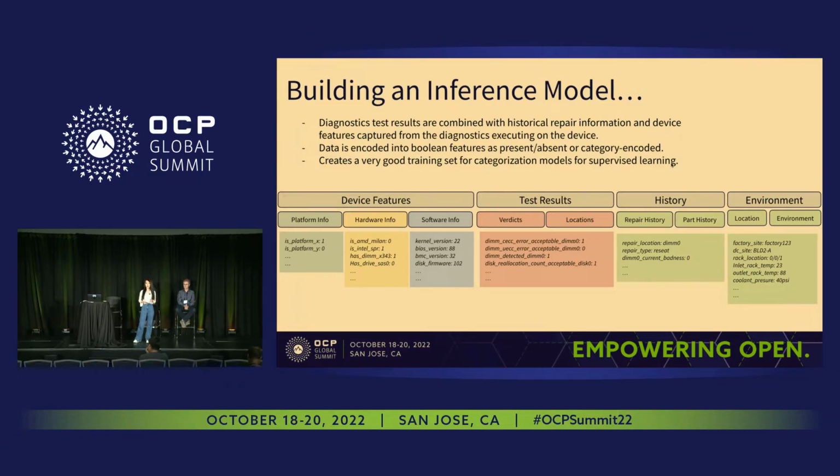Other attributes can be categories, like CPU type. We encode them as enumerations. There are other granular attributes like the symptoms, which are encoded into Boolean features. For example, if we have a bad CPU verdict present in the test results, that feature becomes a 1. If it's absent, it becomes a 0.